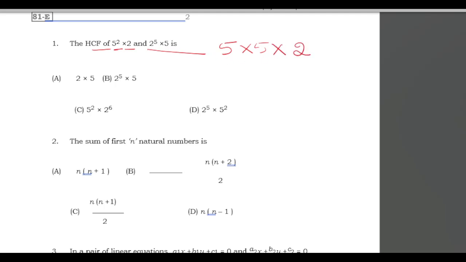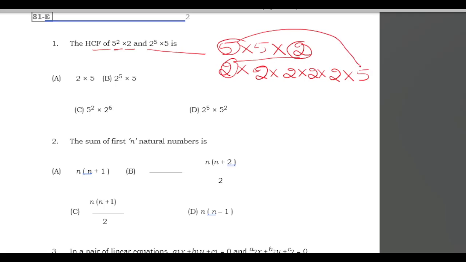Second one is 2 to the power of 5, so 2 you should write 5 times, and into 5. Last 5 is there. Select the number repeated. So here 2 is repeated one time and the 2 is repeated one time. So we select these two numbers and this last number 5. So the answer for this question is 2 into 5.